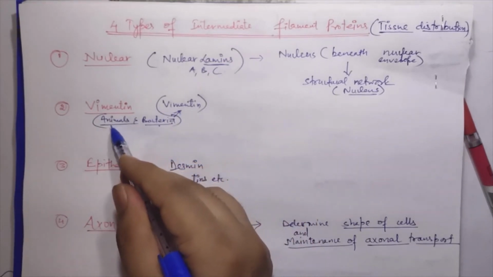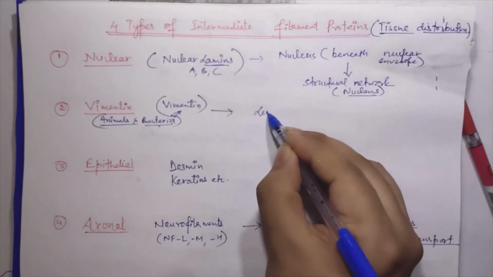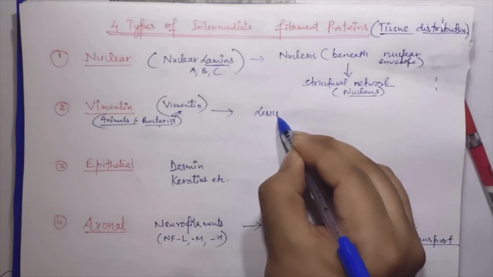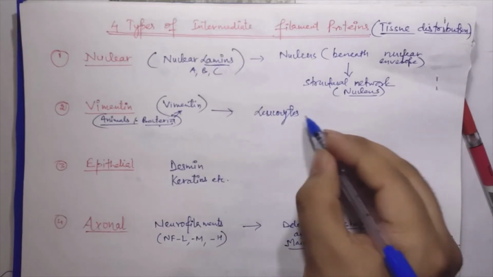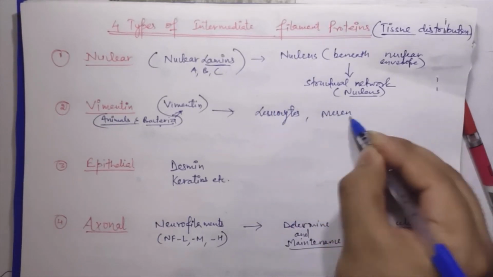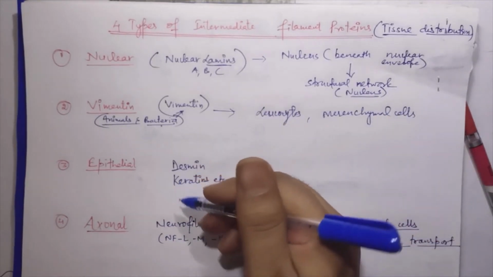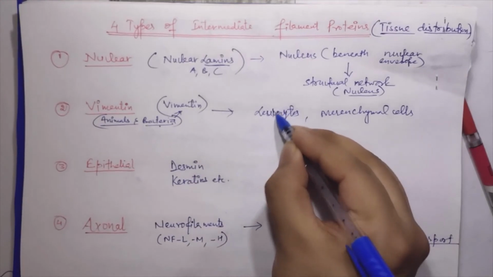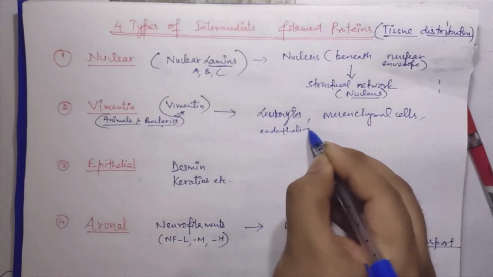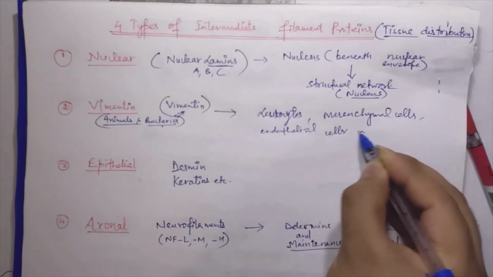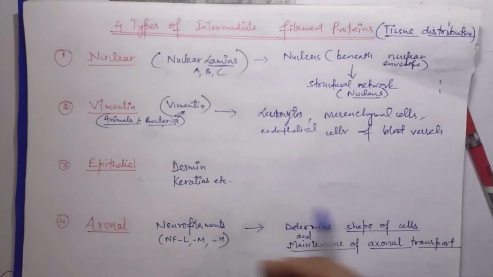On the other hand, in animals, they play an important role in leukocytes, mesenchymal cells, and they are also expressed in endothelial cells of blood vessels.